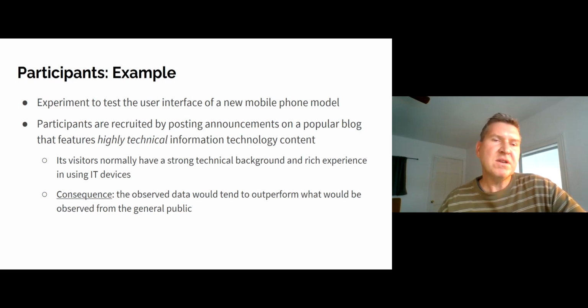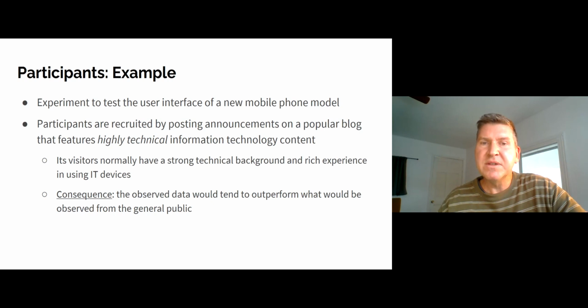I want to caution you here because in many cases, especially in graduate programs, we typically get other graduate students to help as participants in our studies. The important thing to remember is we want to have a sample that's representative of the overall population.